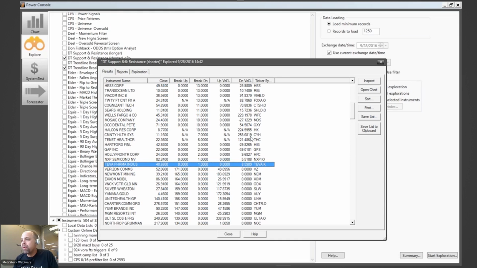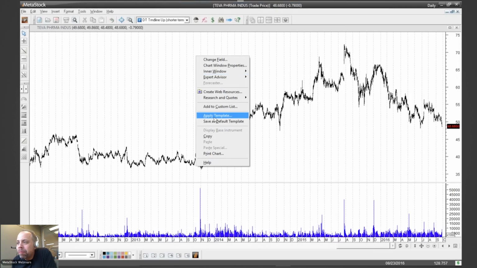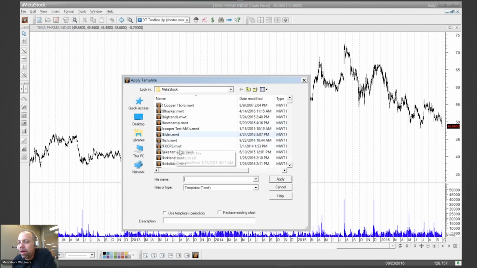For example, let's just look at Teva Pharma. I'll open the chart and apply the template I pre-built already. I think I called it DT.